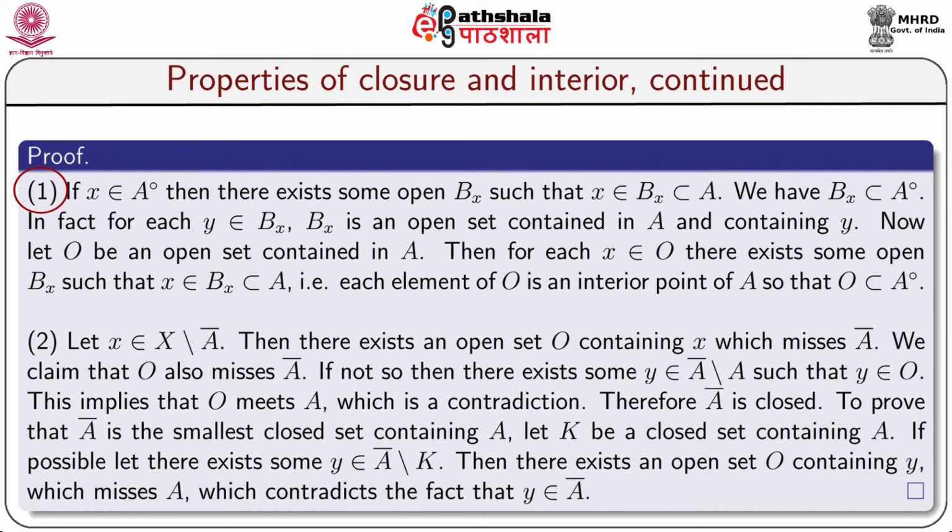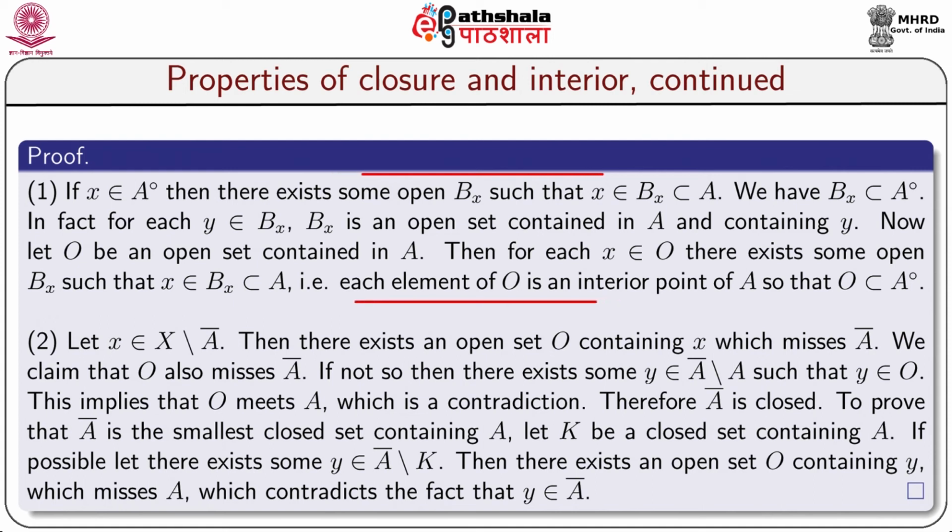Number 1. If x belongs to A interior, then there exists an open set B such that x belongs to B subset of A. We have that B is a subset of A interior. In fact, for each y belonging to B, B is an open set contained in A and containing y.